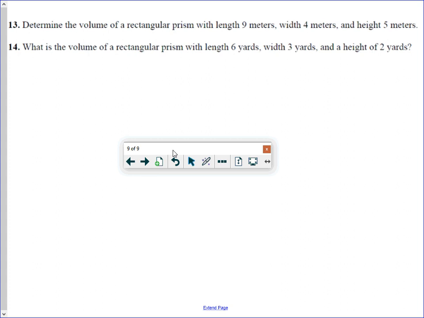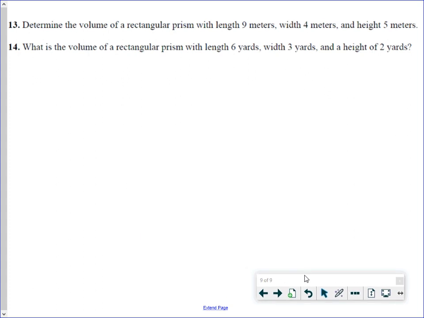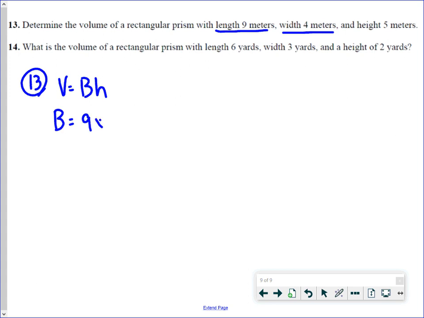All right, determine the volume of a rectangular prism with length 9 meters, width 4 meters, and height 5 meters. So this time they didn't draw us a picture, but we know that volume is equal to base area times height. Our base area is length times width, and our length is 9. Our width is 4. So we're going to do 9 times 4, which is 36.